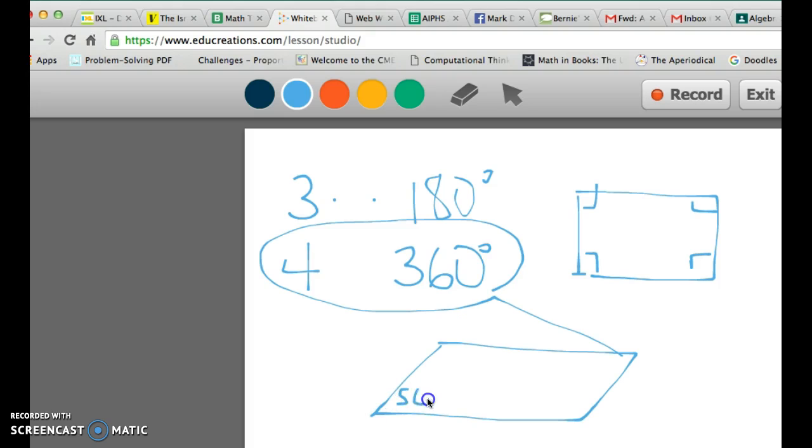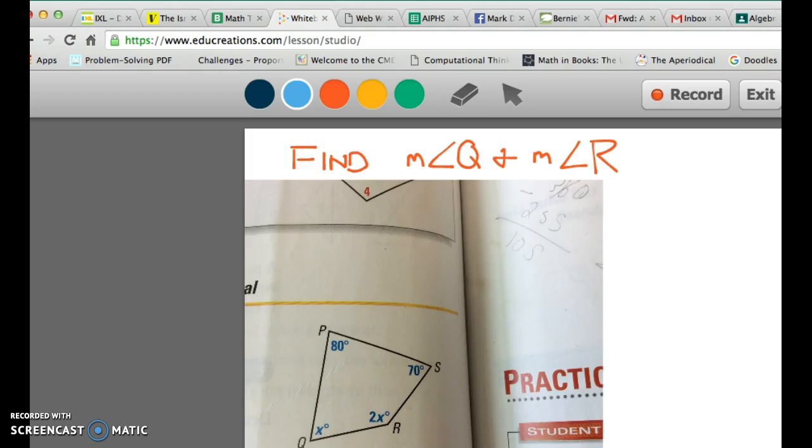It's like, oh, if this is 50, and this is 130, and this is 50, then you can figure out this one. Because you know it's got to be 360 minus 50 minus 50 minus 130. And that'll give you x. So similarly, here it says find angle Q and angle R. Well, we know 80 plus 70 plus x plus 2x has to add up to 360.